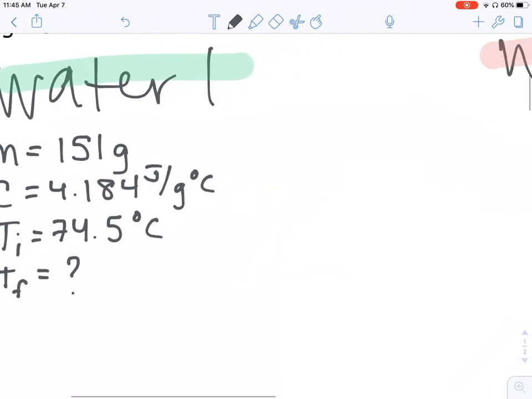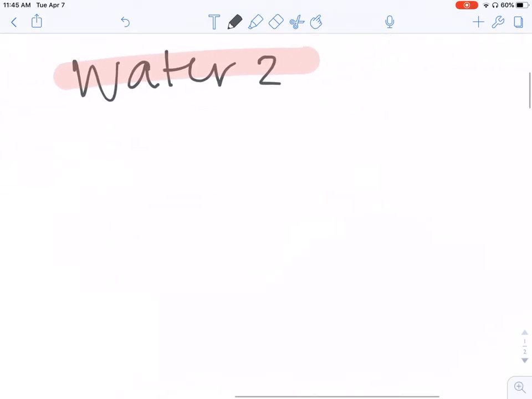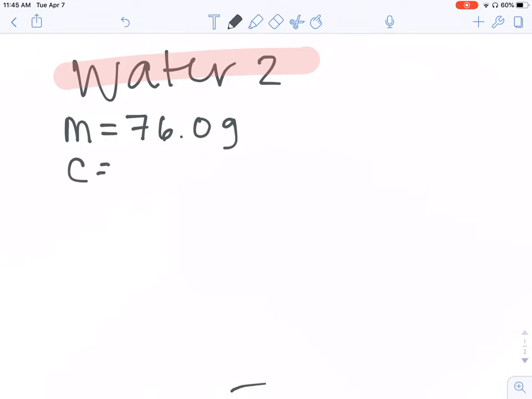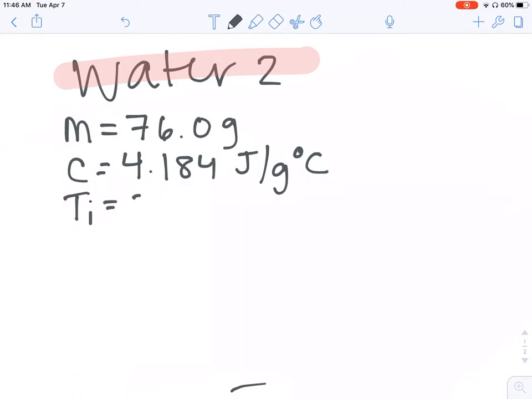I will do the exact same thing for my other water. For the other water, my mass is 76.0 grams. My C is the same because it's still liquid water, so that is 4.184. My initial temperature is 21.5 degrees Celsius, and my final temperature is what I'm solving for.